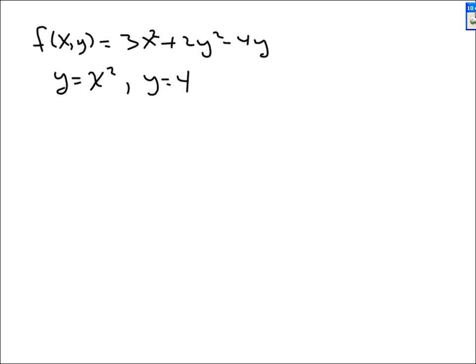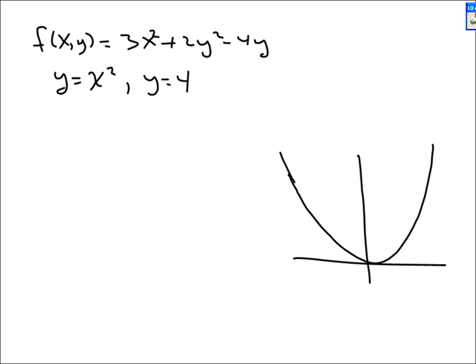Suppose you're given a function f of (x, y) equal to 3x squared plus 2y squared minus 4y, and the region is bounded by y equals x squared and y equals 4. So here is y equals x squared, and here is y equals 4.